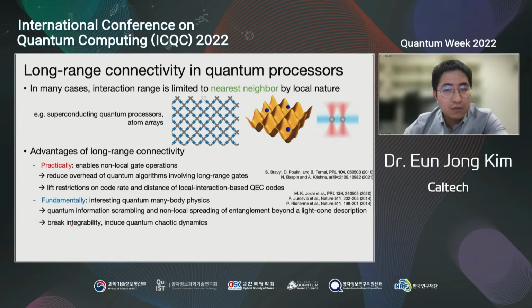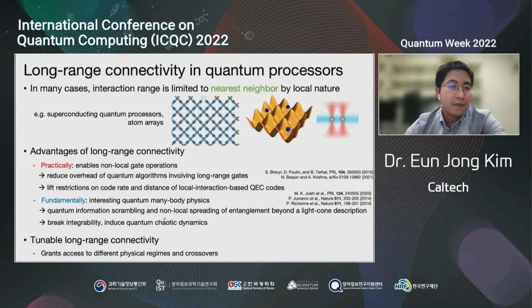And also, addition of long-range interaction is known to break the integrability, inducing quantum chaotic dynamics. And moreover, realizing tunable long-range connectivity grants access to different physical regimes and the crossovers between them.